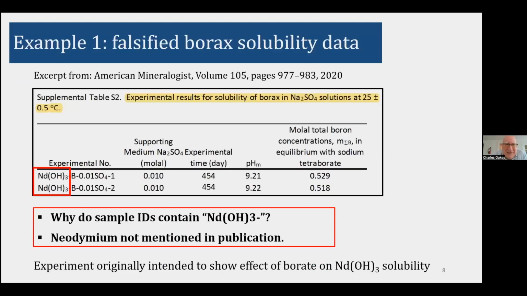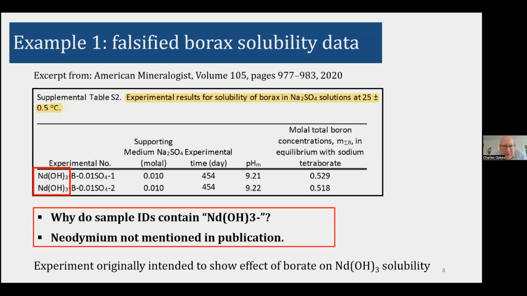So this is the first case. This is the borax solubility, or purported borax solubility, study. Nowhere in the paper does it mention neodymium. Yet if you look at the data table, and this is what got my attention, I've done some work on borate thermodynamics.